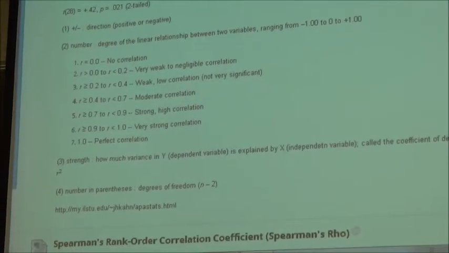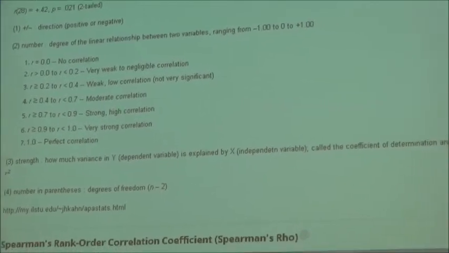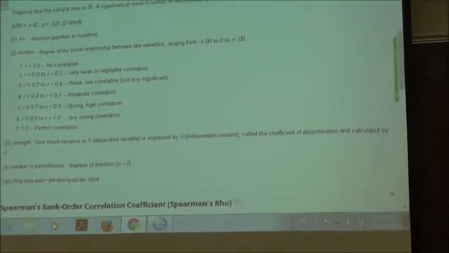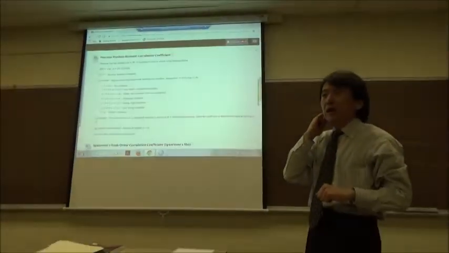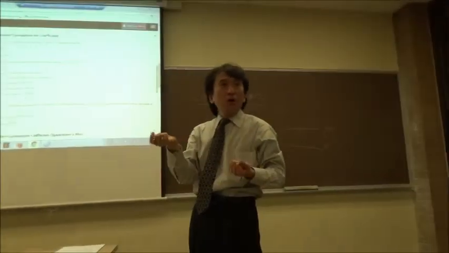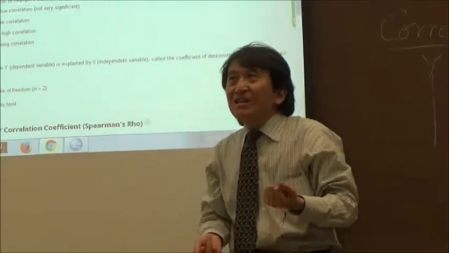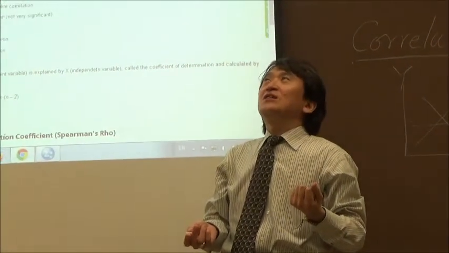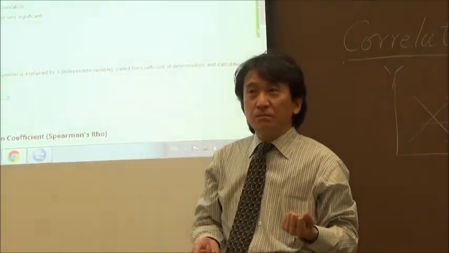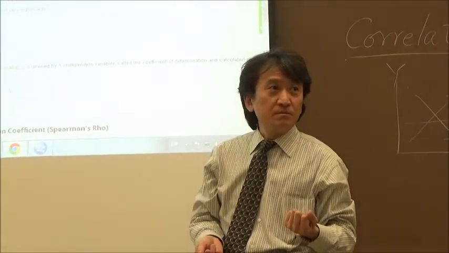And then the first thing we have to discuss is something called the Pearson product moment correlation coefficient. I know the name is long. There was a statistician named Carl Pearson.